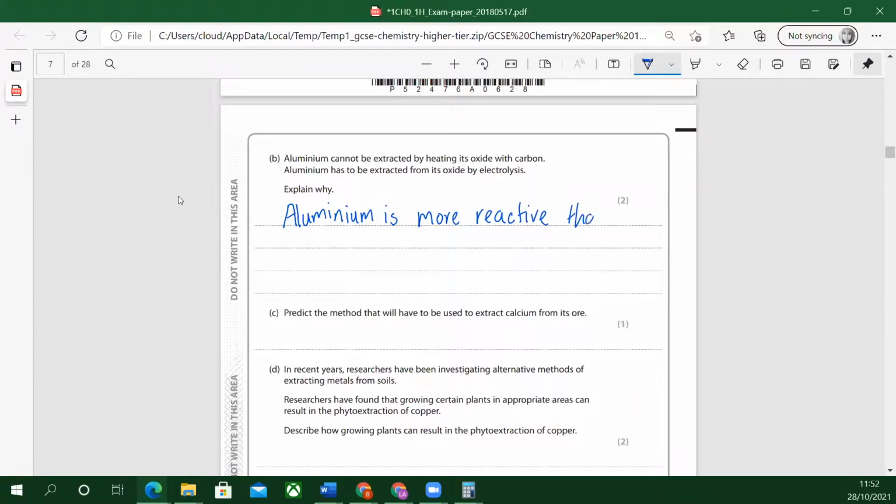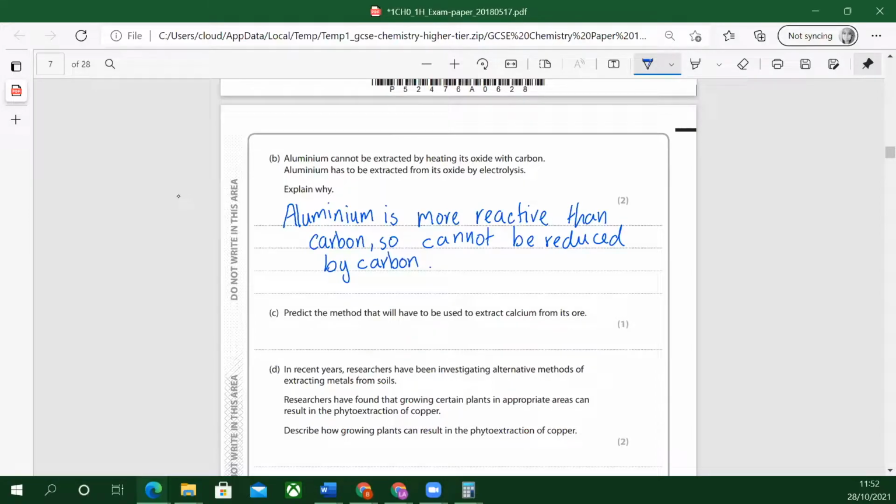So it cannot be reduced by carbon. That would be the exact word we need to use there.